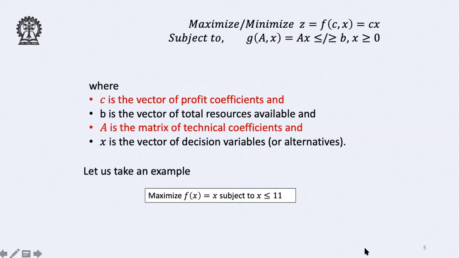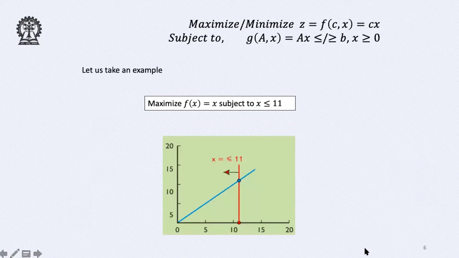Let us consider a simple mathematical example: we want to maximize a function of only a single variable x, where x is less than or equal to 11. This is so simple that if I want to maximize x within the area of x less than or equal to 11, then I will reach it in this simple geometry.